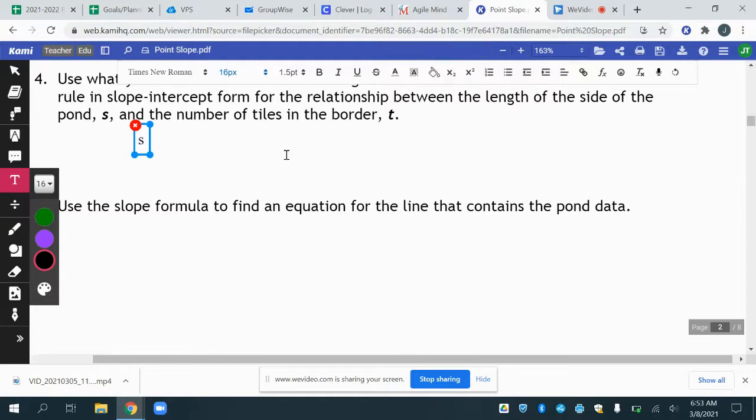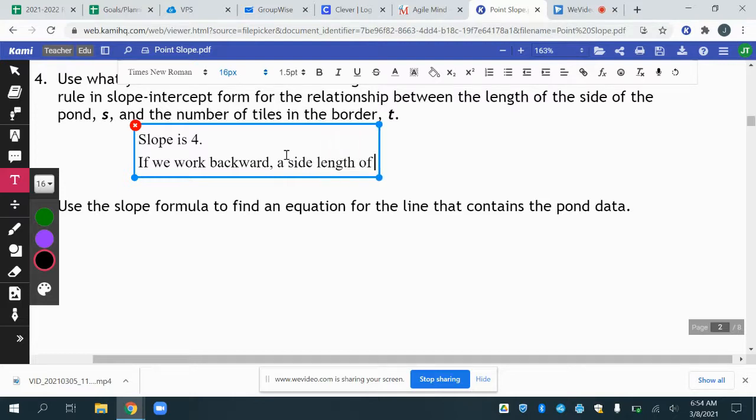So I know that if we already found out that the slope is 4, we also know, if we work backward, a side length of 0 gets 4 tiles.